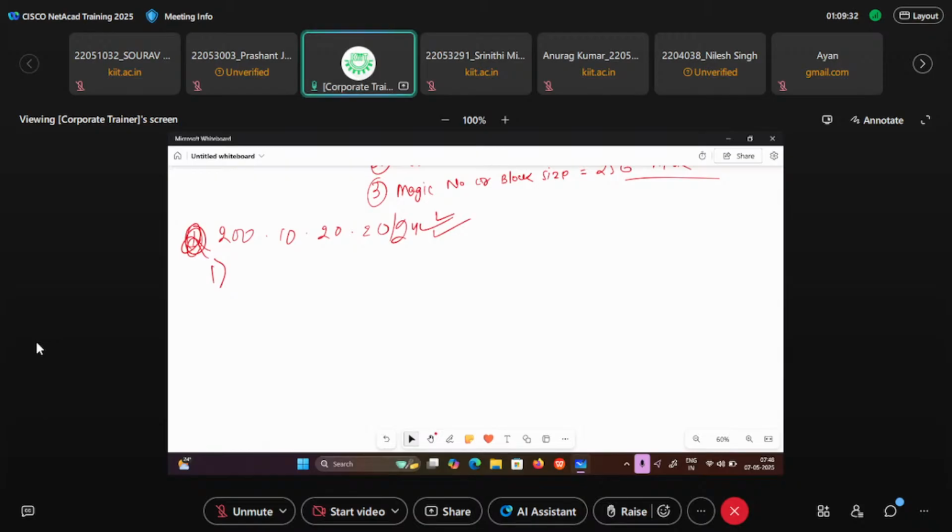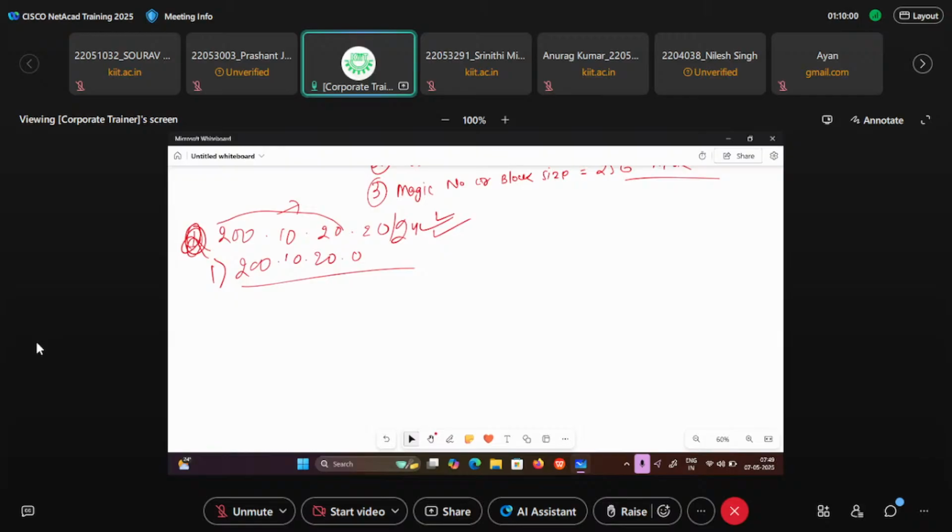Everybody knows that if you have a classful IP, you make the first 24 bits 1 and do the AND operation. If you do the AND operation, you will get 200.10.20.0. That is my network ID.